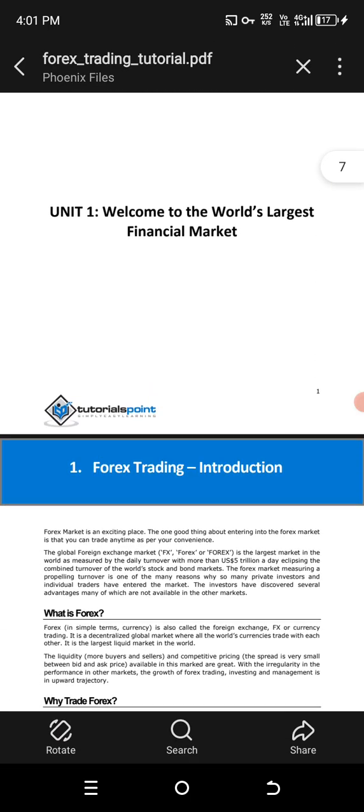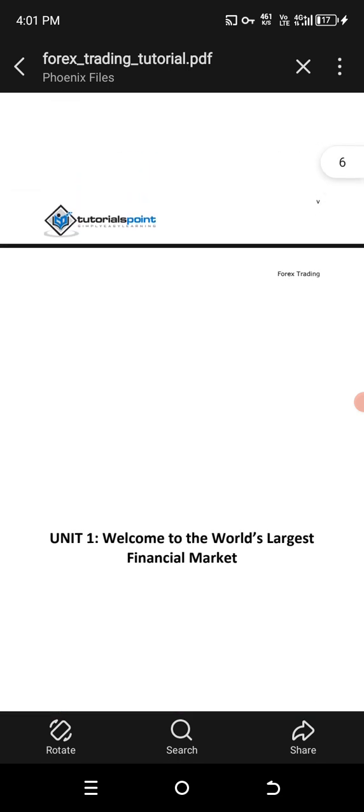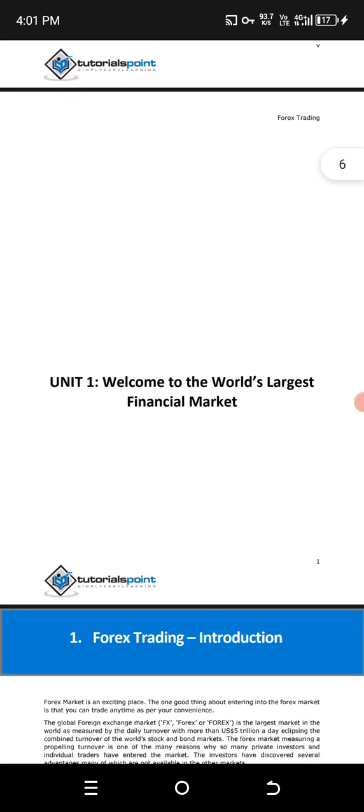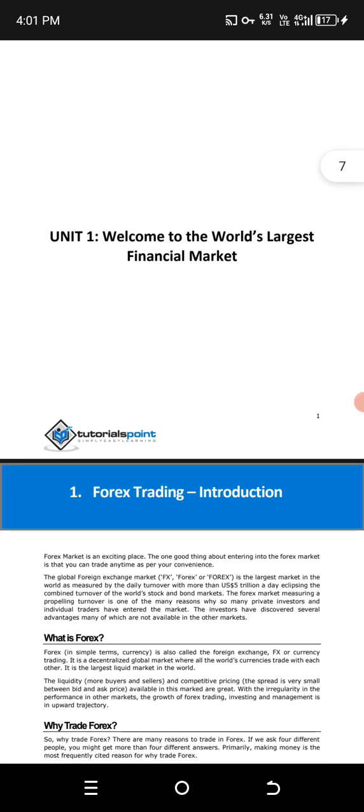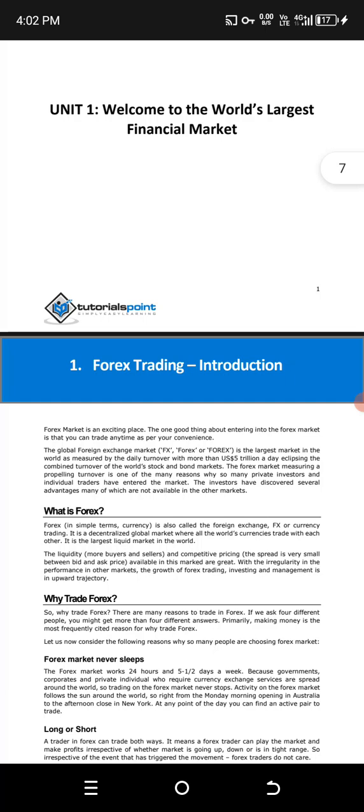Without wasting much of our time, let's start with what is Forex actually. So Forex means foreign exchange market, right? Foreign exchange. It means when there is exchange of two currencies from one person to another, or from one individual to another.